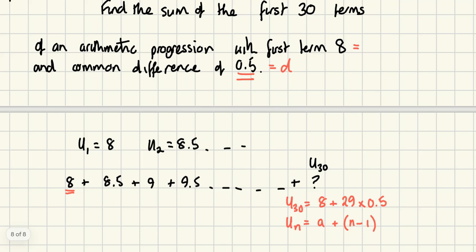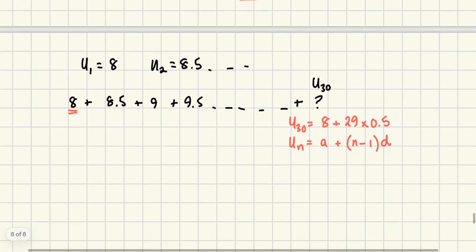And a is the first term. So we've got n minus 1. So that's a general rule for finding a term in an arithmetic sequence. Now, you may well have in the past used the mx plus c approach. It goes up by 0.5, so it's 0.5n, and that also works, but this is kind of the general approach.